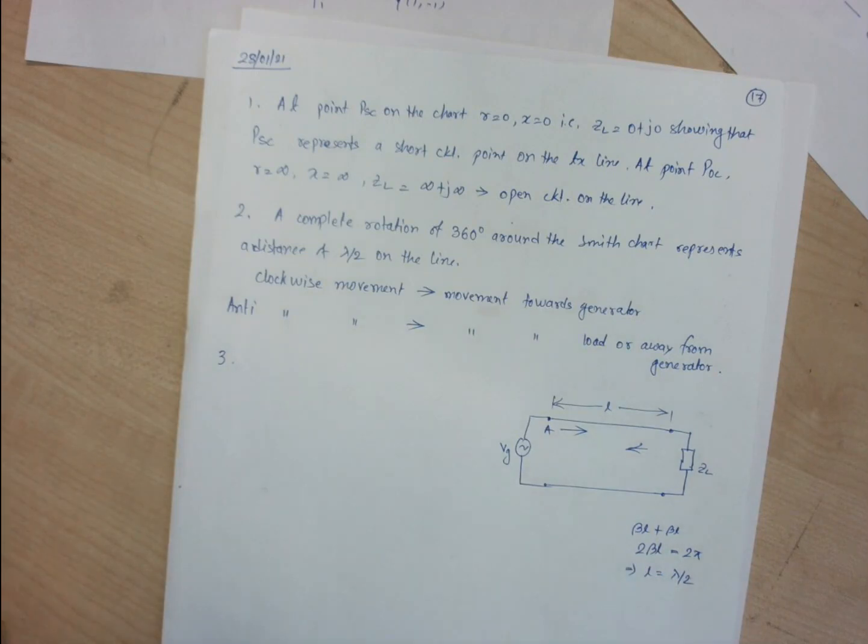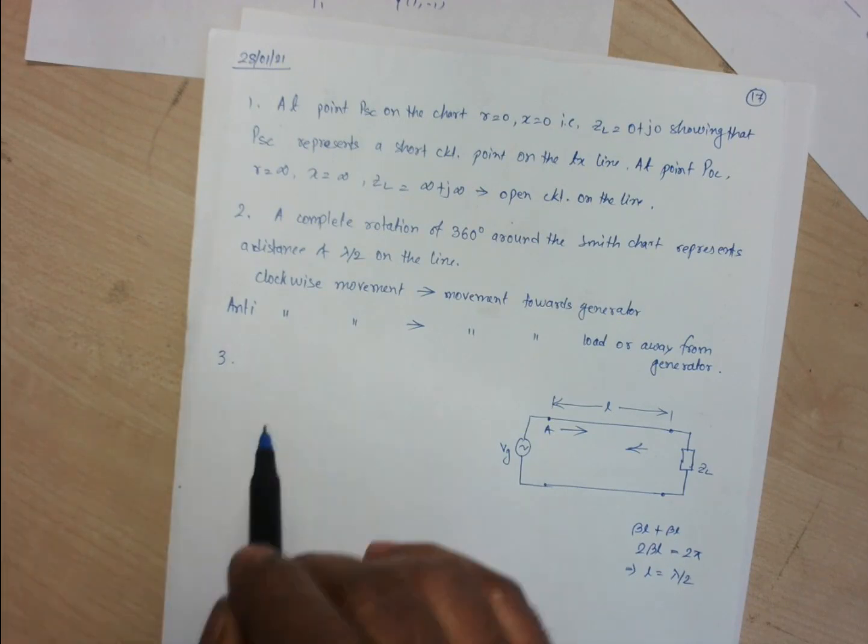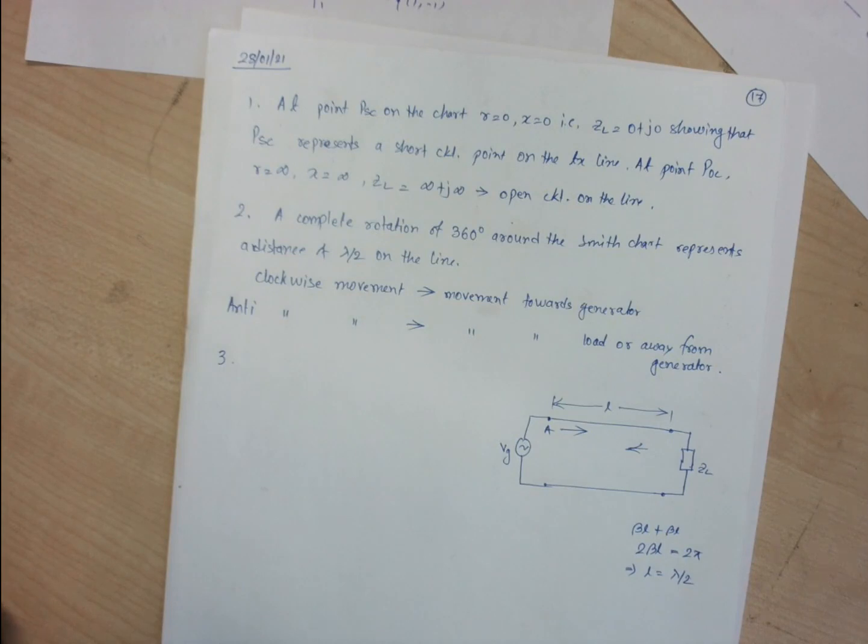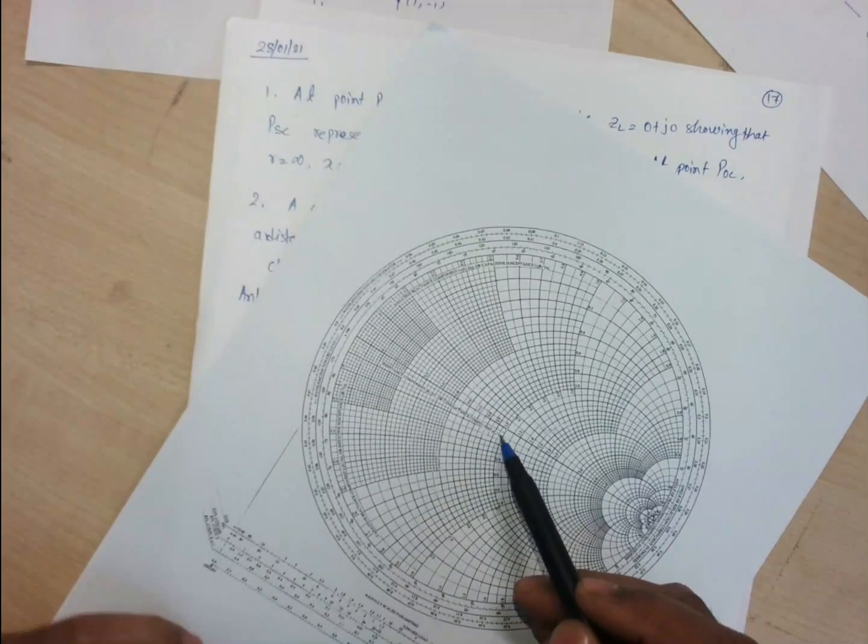Now this Smith chart can also be used to find the reflection coefficient, and the location of Vmax and Vmin on the transmission line. Here, let us consider taking this point as a center.